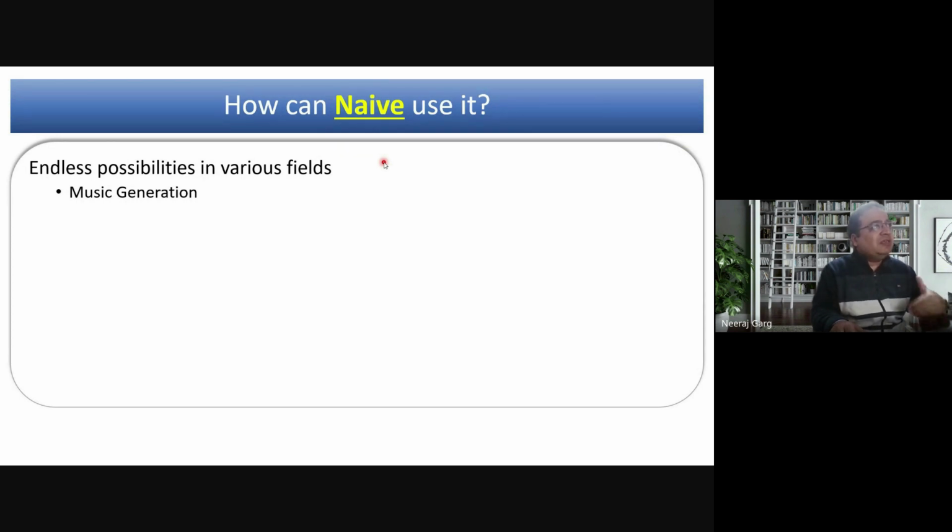How can he use Gen AI beyond just leveraging the application part of it? So for beginners, let us say you or your students have created some Gen AI based application, right? Which is generating music.